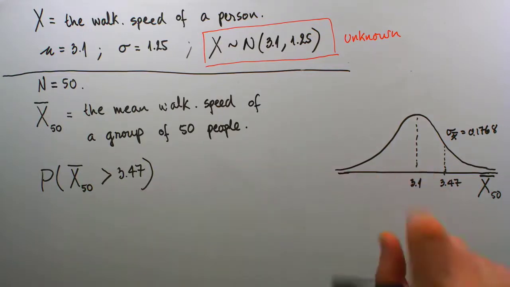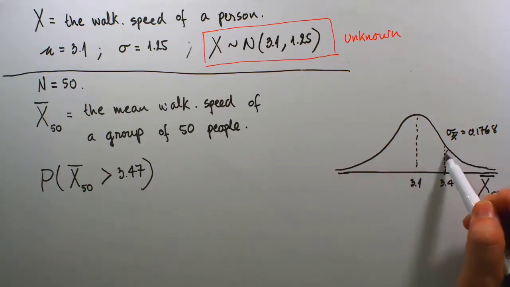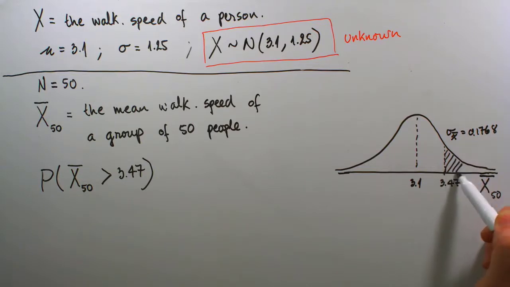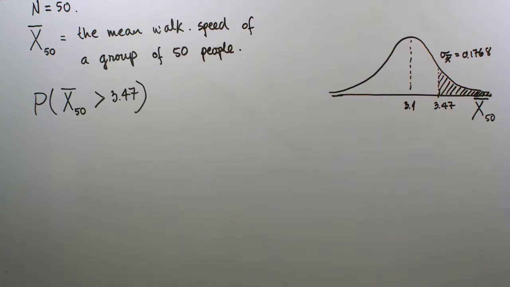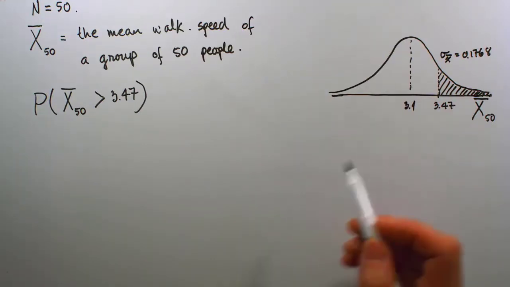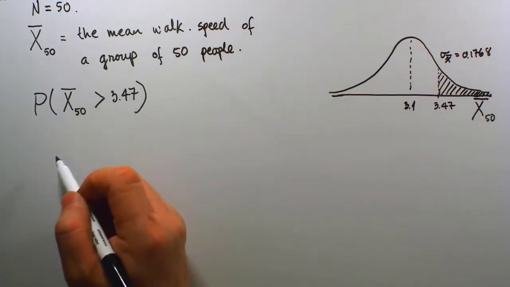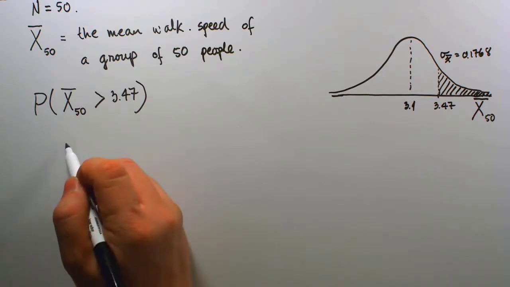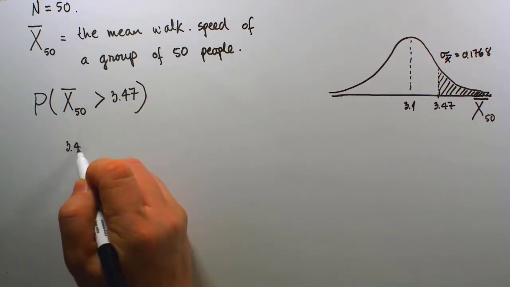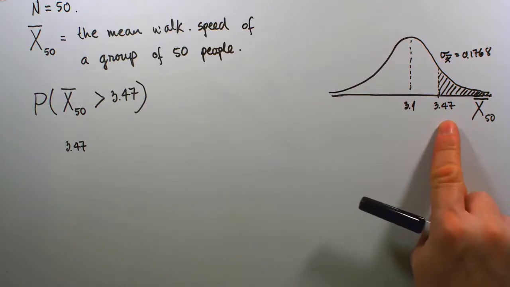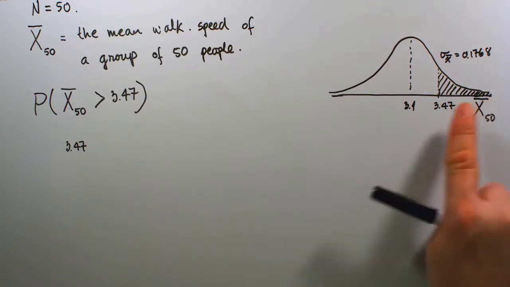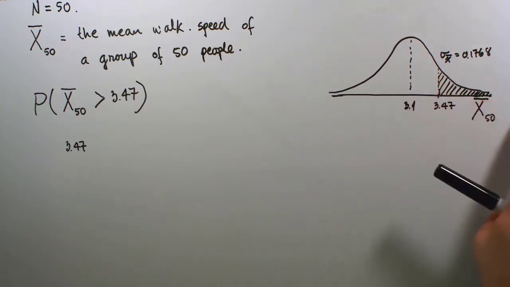On this bell curve it is represented by the area shaded to the right hand side of 3.47. And so now we can just start working as usual, with 3.47 as the low end of our current interval here. Again, notice that this interval has an indefinite upper end.